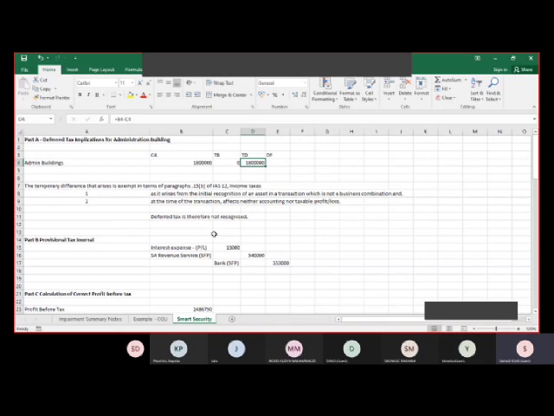You must go read that income tax standard, because they are saying it arises from the initial recognition of an asset in a transaction which is not a business combination, and at the time of the transaction affects neither accounting nor taxable profit or loss. So hence the deferred tax is not recognized. So you don't recognize deferred tax. I hope I've answered you on that.